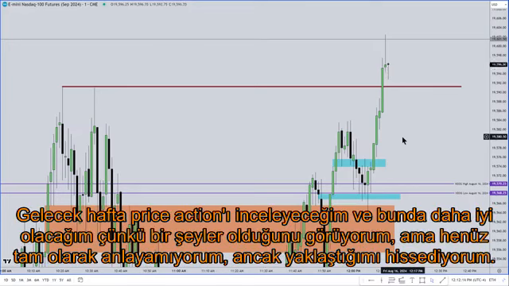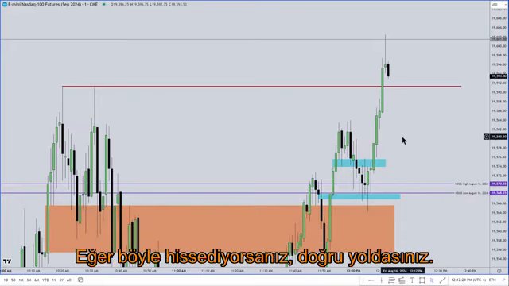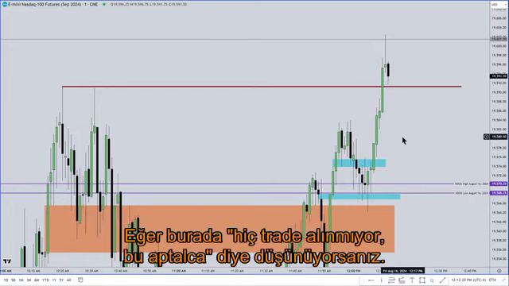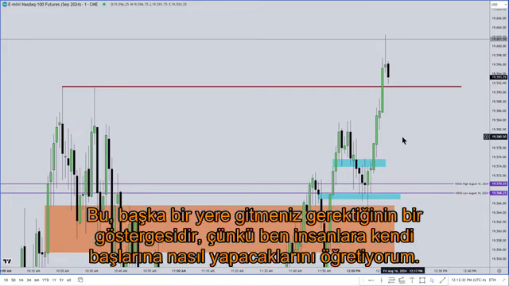I'm going to study price action and I'm going to get better at this because I see there's something going on, but I can't quite put my finger on it yet, but I feel like I'm getting closer to it. If you feel that way, you're on the right path. If you're here thinking there's no trade being taken, this is dumb, well, that's an indication that you need to go somewhere else because I'm teaching people how to do it on their own.